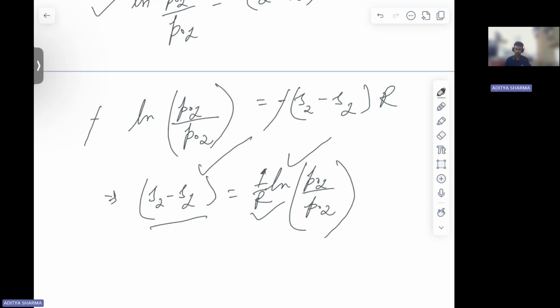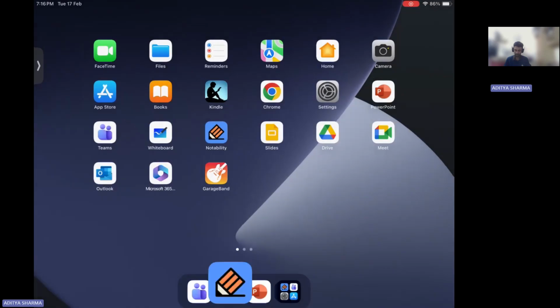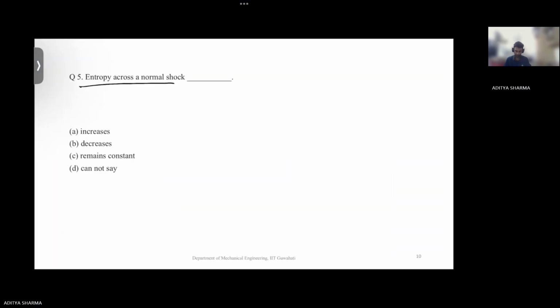This suggests that your entropy is going to increase, right? Then this increases. Okay.